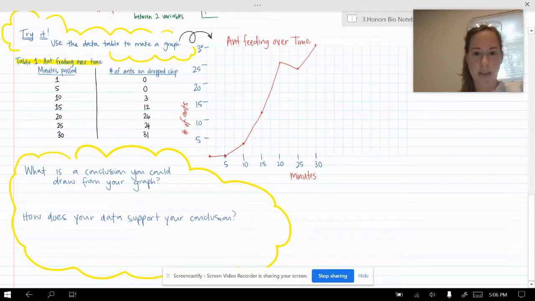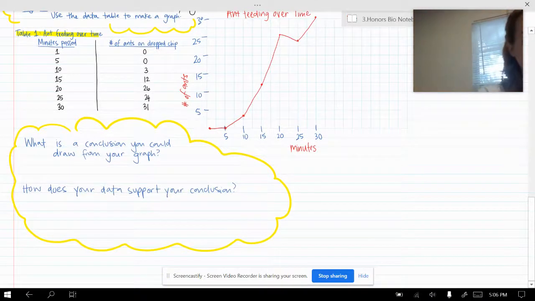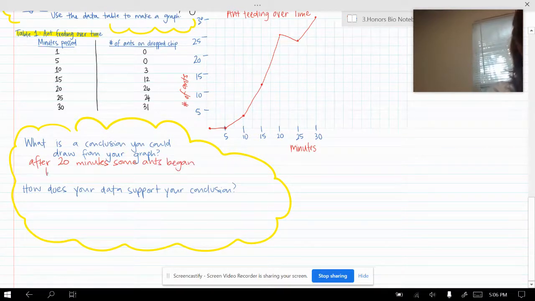I'm gonna say for mine, after some time, ants started leaving the food source.